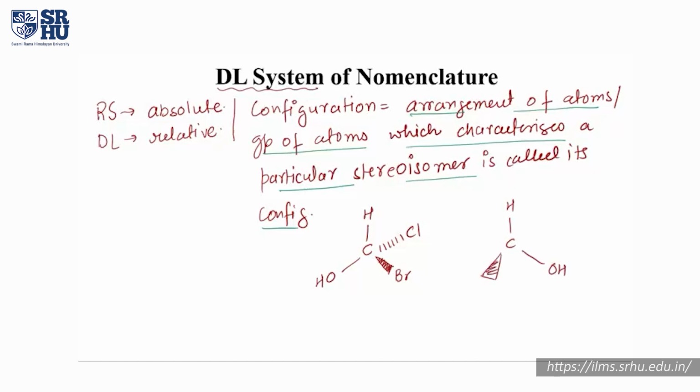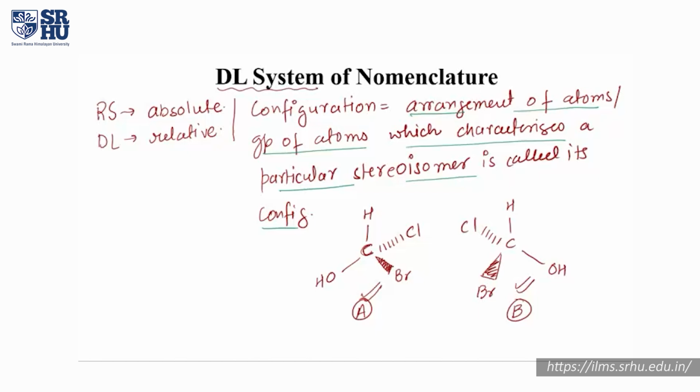Bromine is out of the plane, and chlorine is below the plane. The first one is one isomer and the second one is another isomer, so these are two stereoisomers of each other. Obviously, they will have different configurations.